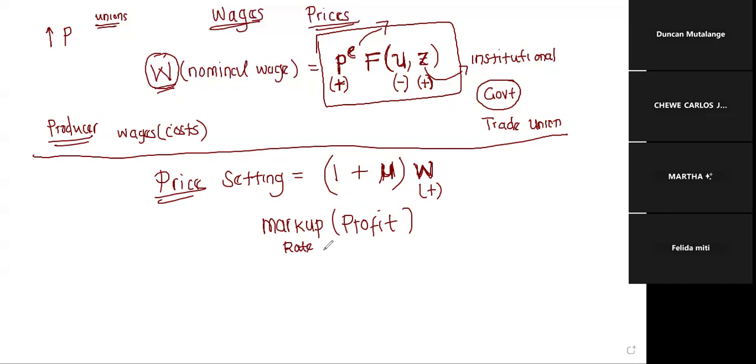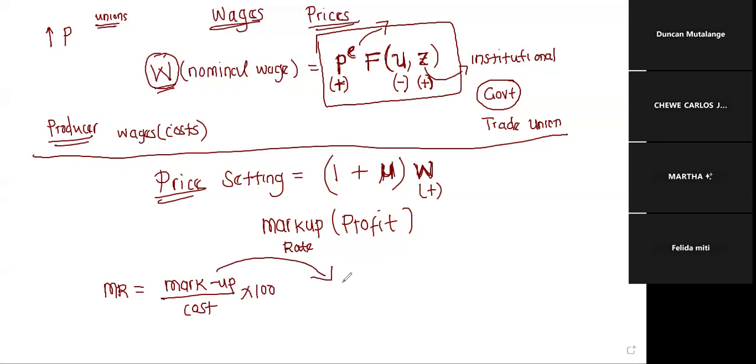So how do you get it? To get the markup rate, let me just say MR, markup rate is equal to markup, which is simply the profit divided by the cost, then times 100. Now how do you get the markup?